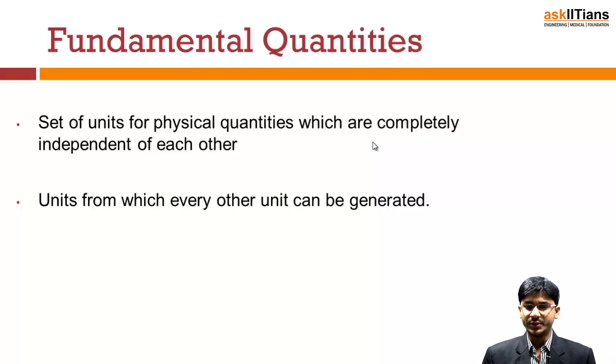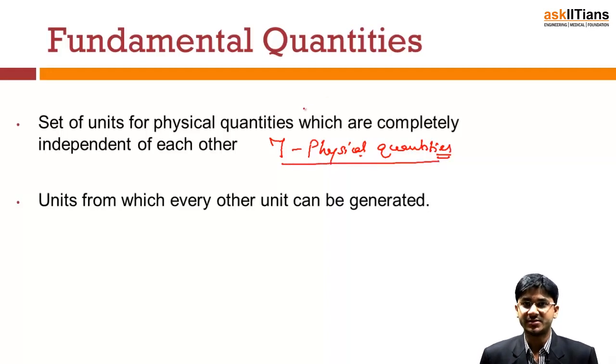Now the set of units which are completely independent of each other, as we talked about, we have these 7 physical quantities, and these 7 have been defined by the International System of Units.